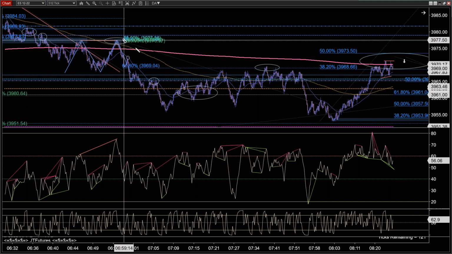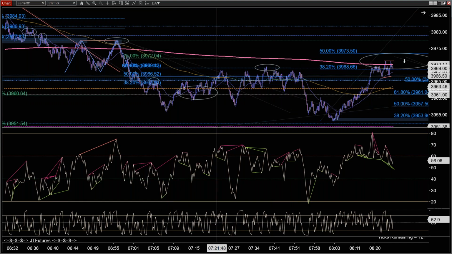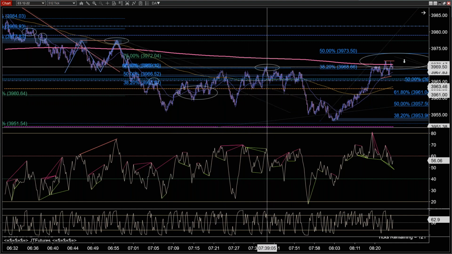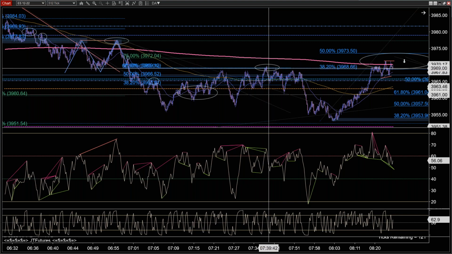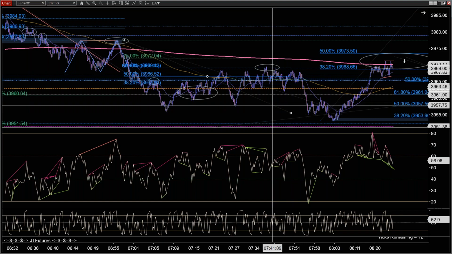We had a new leg down, right? Came down to this low, bounced up, and look at where the market found major resistance, the 61.8, and again broke it by less than a point, broke it by 3 ticks there, and then continued to sell off from there. So just kind of something interesting to note.